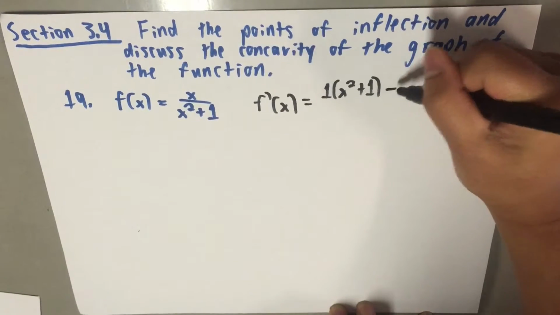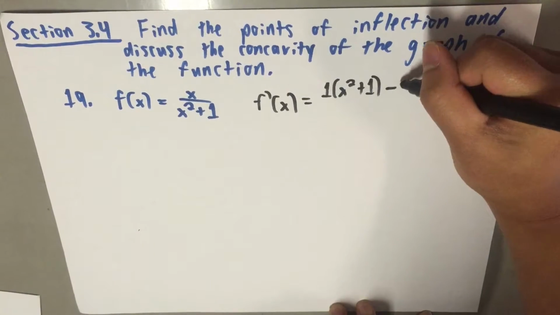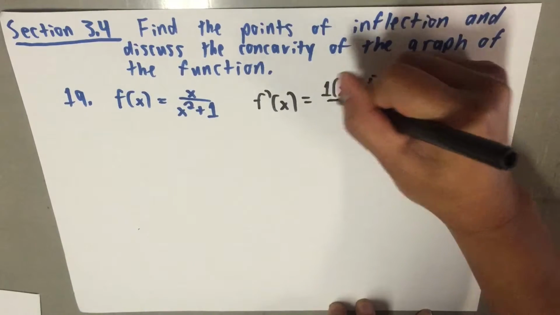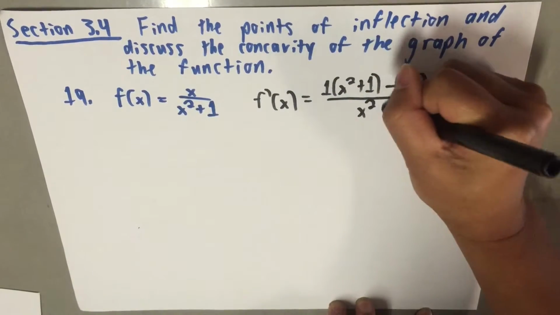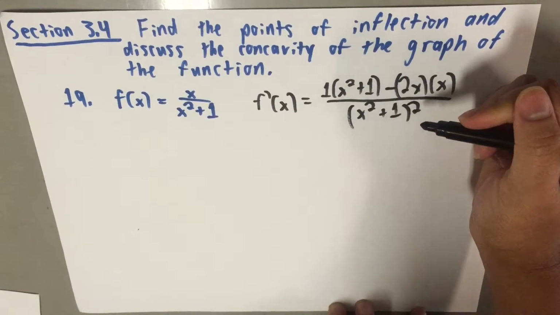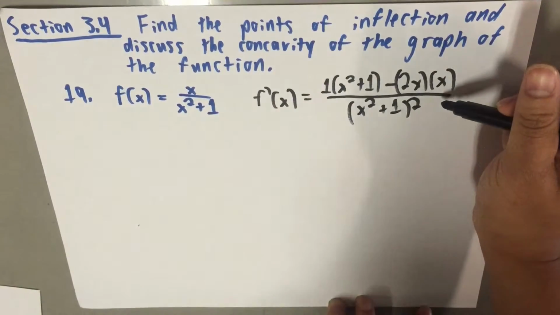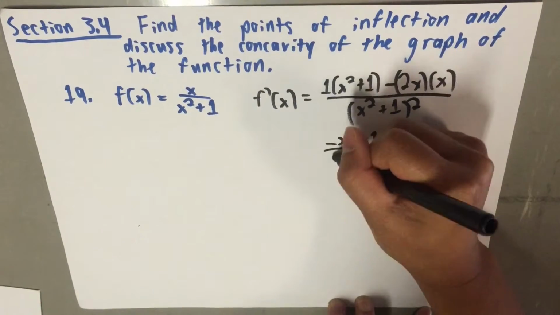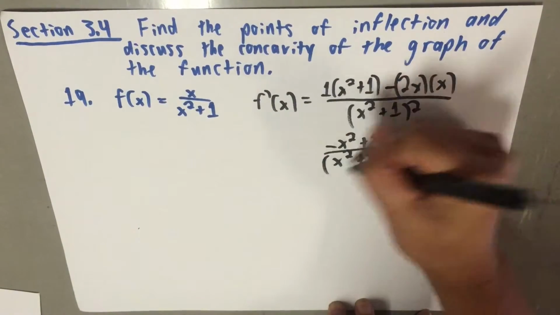And then the derivative of x squared plus 1 is 2x times x. And then x squared plus 1 squared. And that simplifies to negative x squared plus 1 over (x squared plus 1) squared.